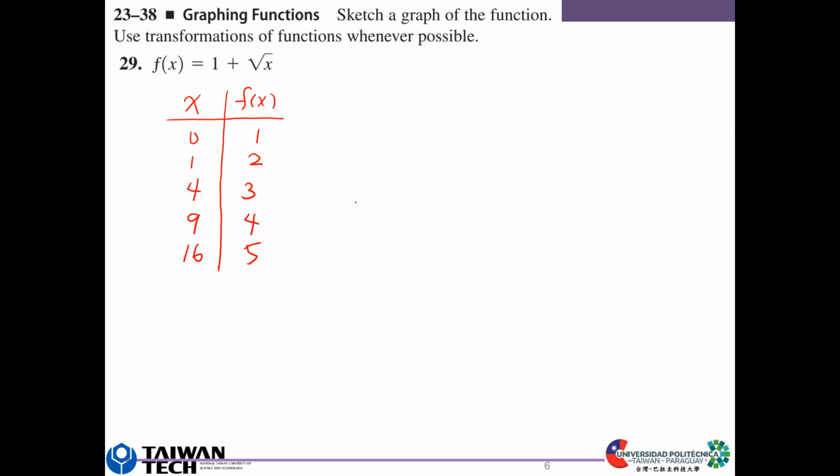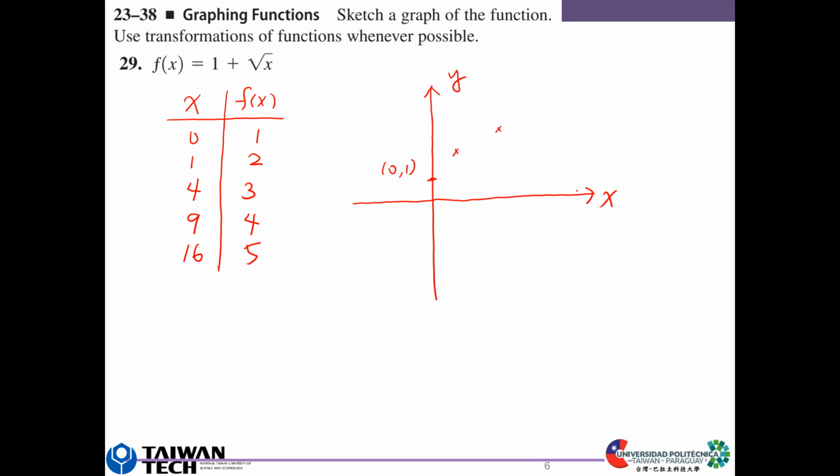And so we are able to draw it by drawing these points first. The first point is (0, 1). The second point is (1, 2). The third is (4, 3).